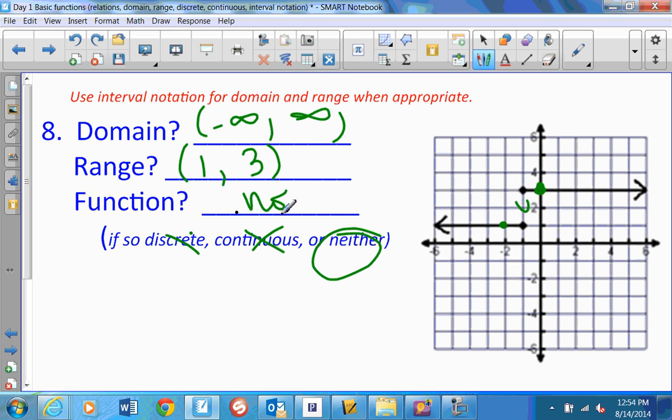Wouldn't it be backwards? No. You know what we've got to do? We've got to go 1 union 3, because it's not in between them. It's just 1 and just 3. That's the only thing we got.